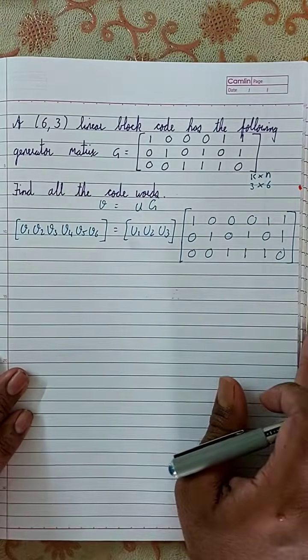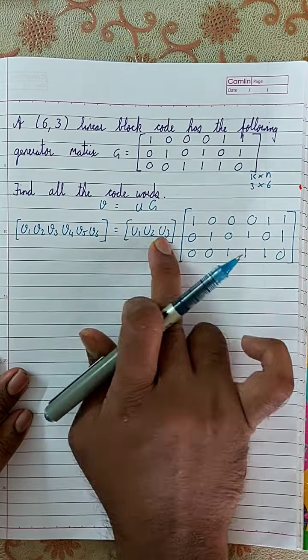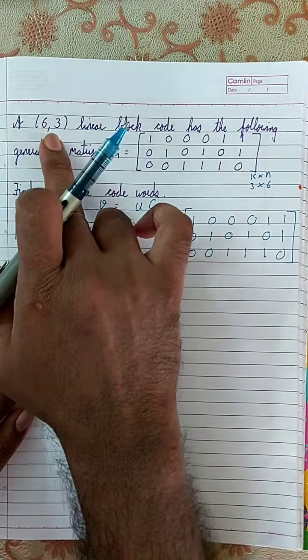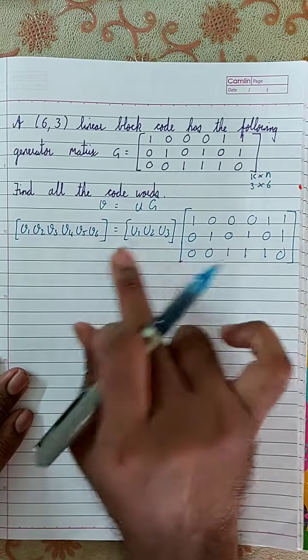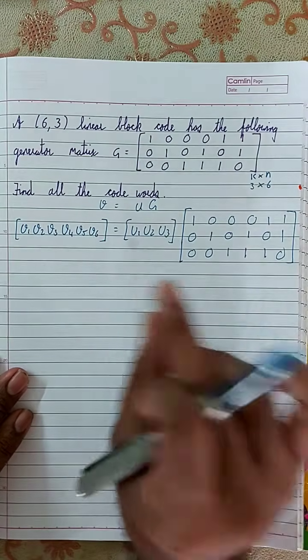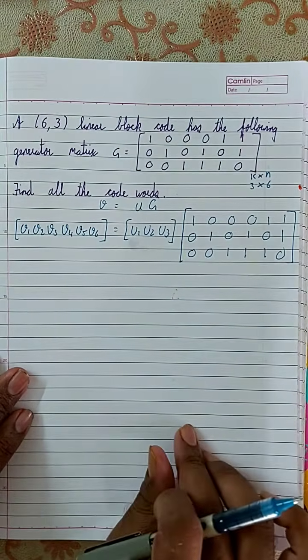Now I'm going to substitute the values of the input messages: 000, 001, 010 and so on. For each of these messages, I'm going to find the corresponding code word.